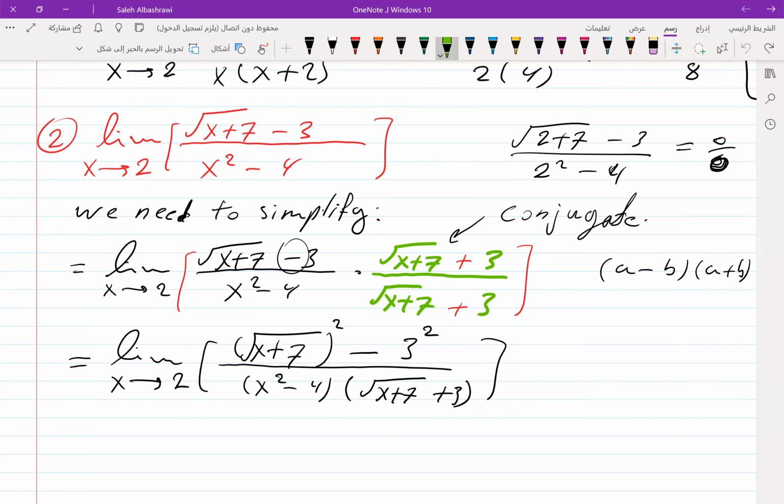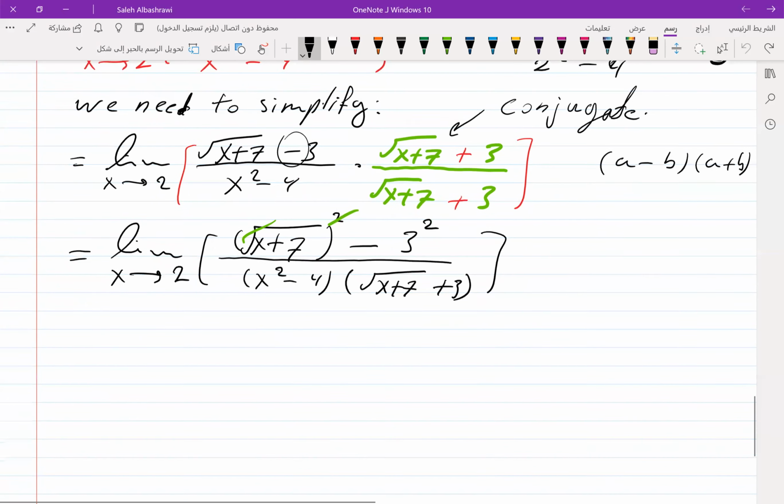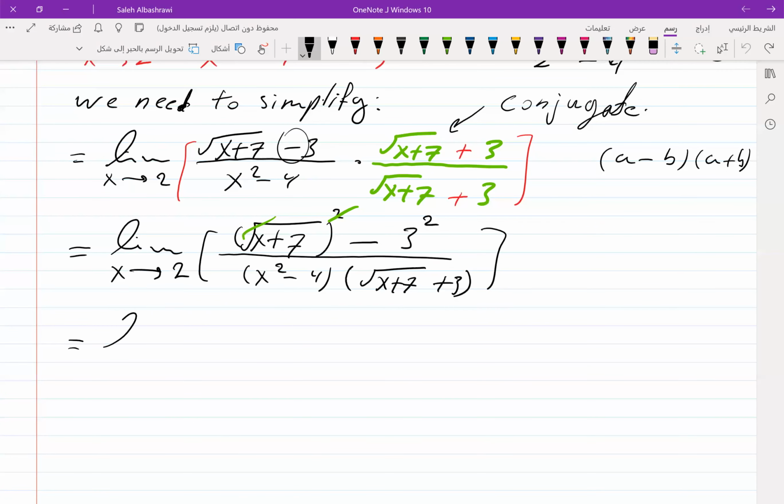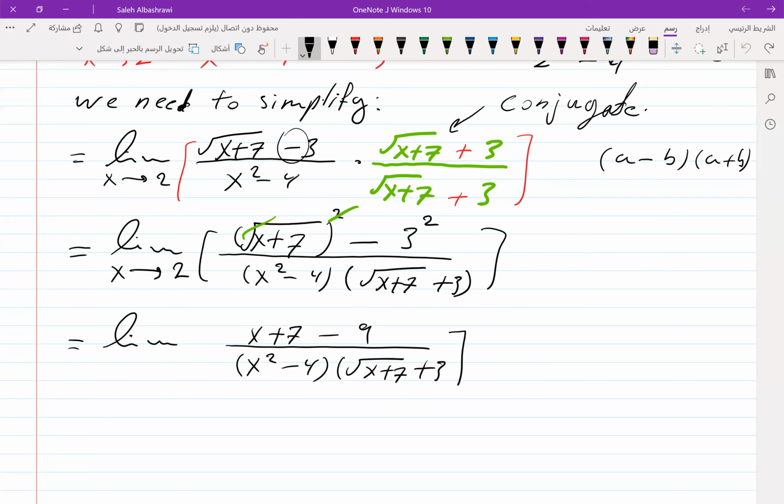Now the square root will be cancelled with the square. So I will have limit, numerator will be x plus 7 minus 9, divided by x squared minus 4 multiplied by square root of x plus 7 plus 3.